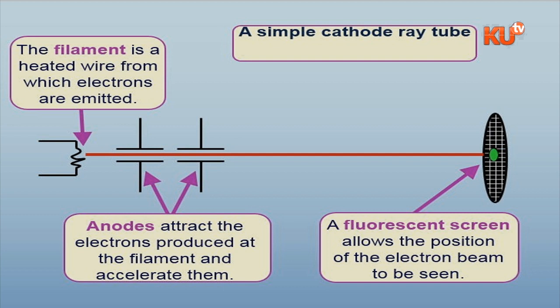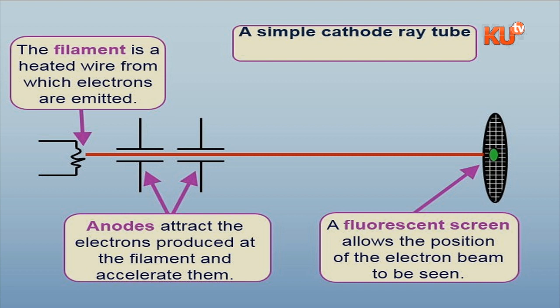Then you can see a screen on the far right. That green dot there shows you that that screen is a fluorescent screen. So it is made of a material that when electrons hit it or have an impact on it, it will glow. Therefore, that green dot shows that electrons have hit the screen at that particular point.